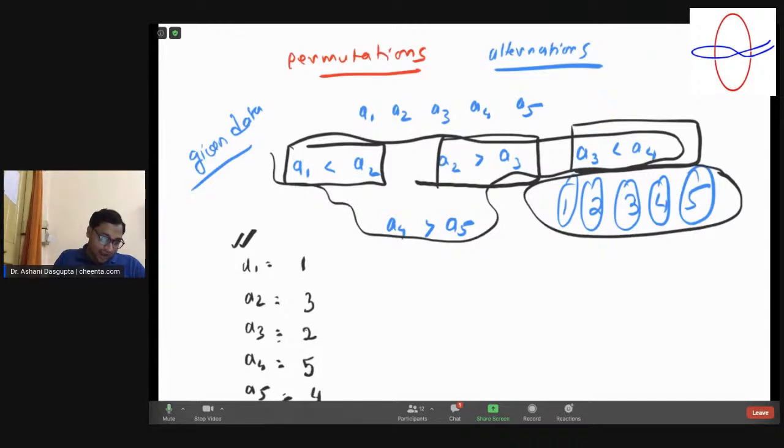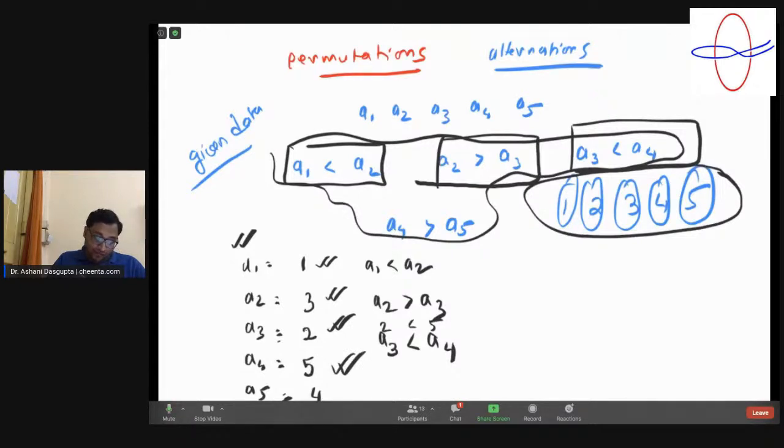So notice what happened. A1 is less than A2. Okay, that is satisfied. A2 is greater than A3. Okay, that's satisfied. A3 is less than A4. Okay, that is satisfied. 2 is definitely less than 5. And A4 is greater than A5.